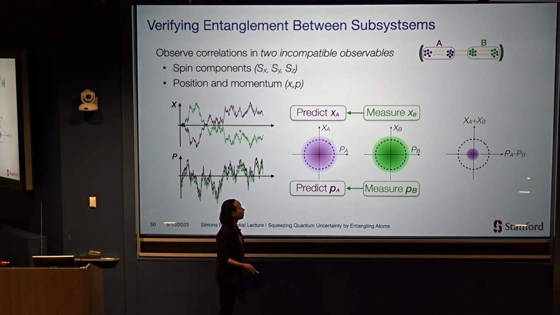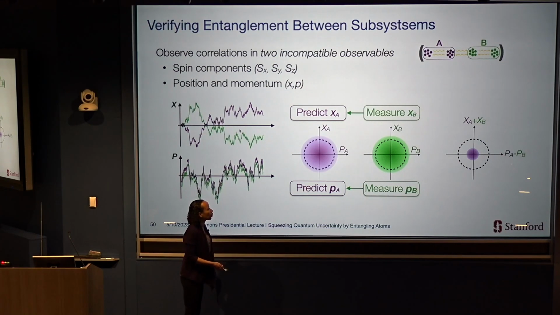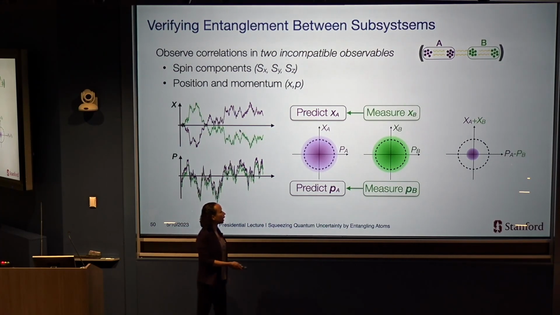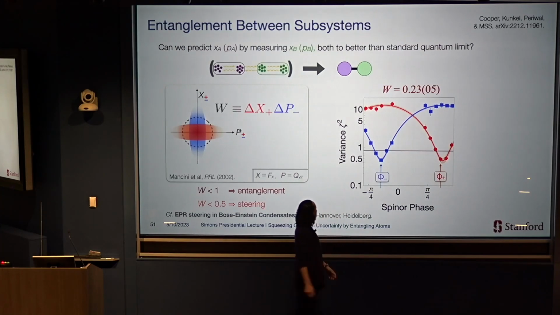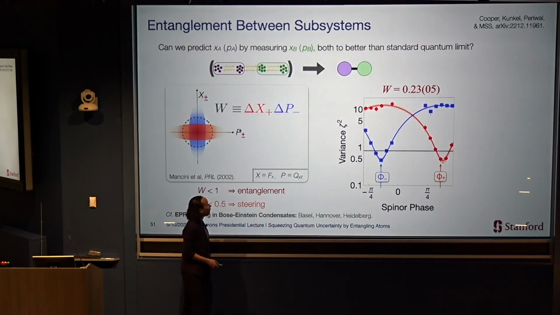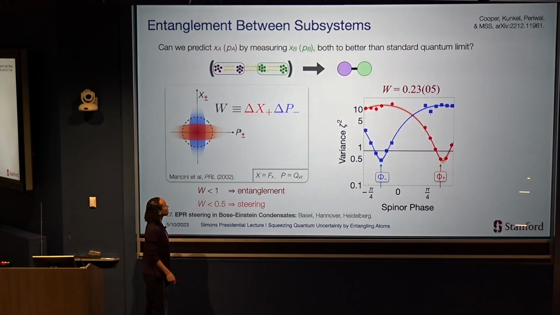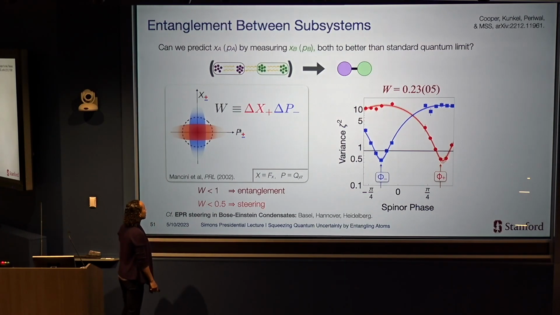if the system is in an entangled state. In order to actually probe entanglement between the two subsystems, what I would like to be able to see is that if I measure the sum of variables in the two systems, I'm going to call that x plus, the fluctuations in the sum are squeezed in position.